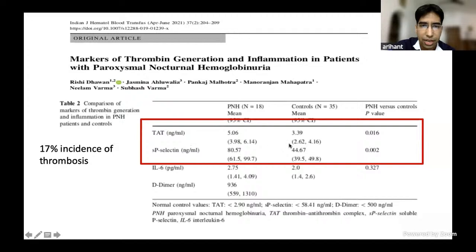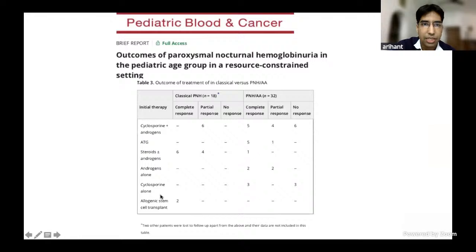The study supports the idea that thrombin-antithrombin complexes were significantly raised in patients with PNH as compared to controls. In this case series, there was a 17% incidence of thrombosis, reported in a 20 patient series.